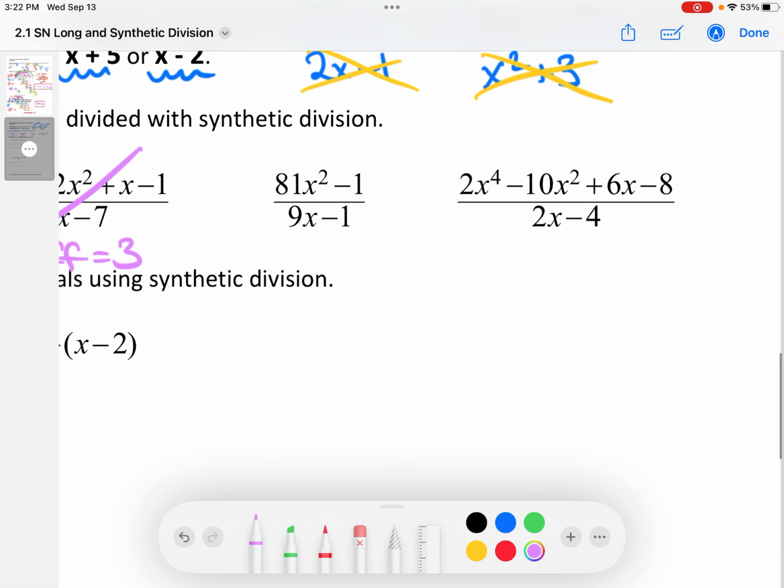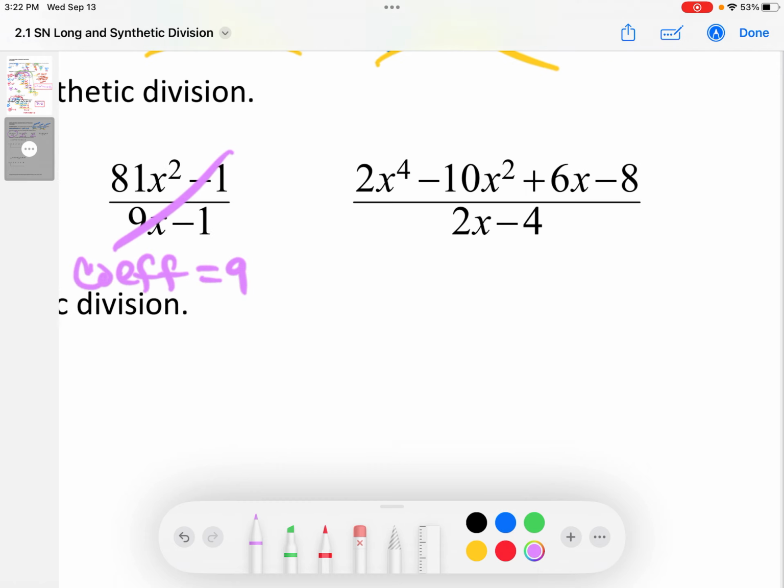If we look at the third one, that denominator is 9x minus 1. That coefficient being 9 means no, we can't. If we look at this last one, that denominator is 2x minus 4. With that 2, we should not be able to do synthetic division. However, if we look at every single term on the top and bottom of this polynomial, it can all be divided by 2.